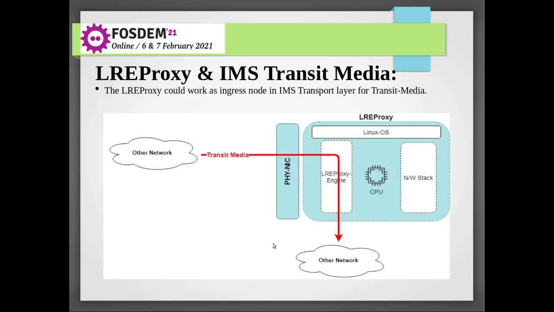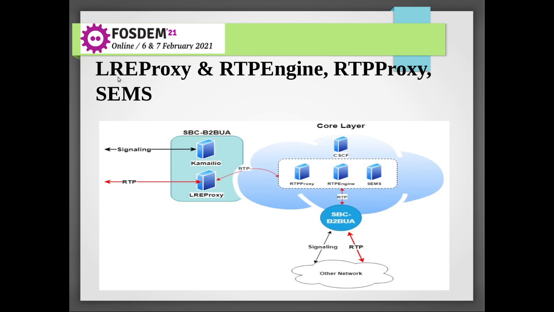LREProxy and IMS transit media. LREProxy could work as an ingress node in the IMS transport layer for transit media. For example, all transit media from a network could be transferred by LREProxy to another network with LREProxy. We could integrate LREProxy with RTPEngine, RTPProxy or XEMS. It is very straightforward.